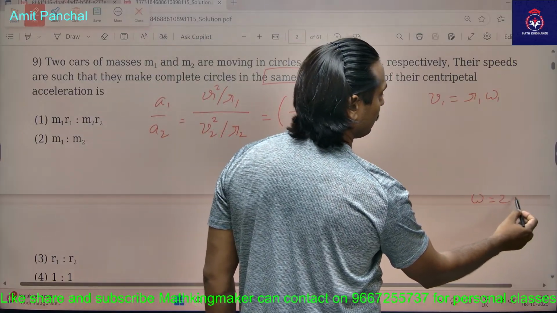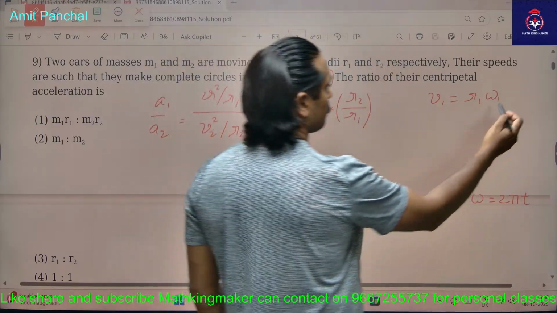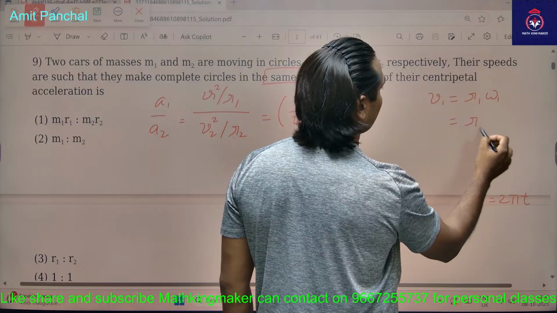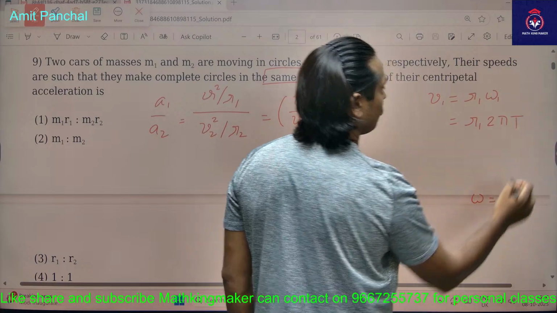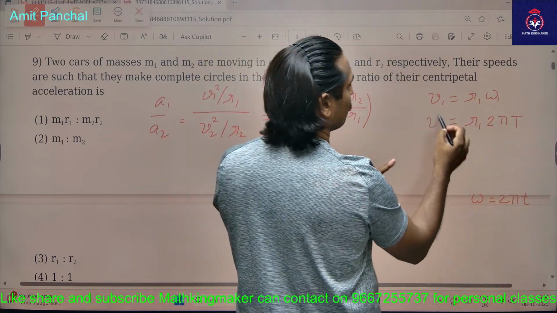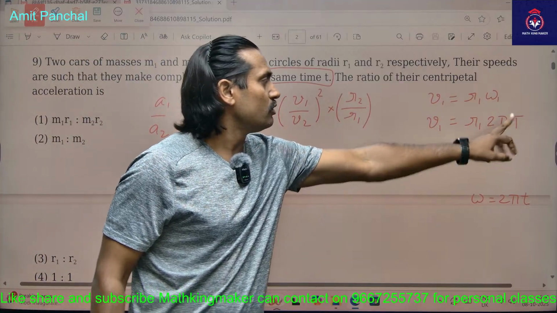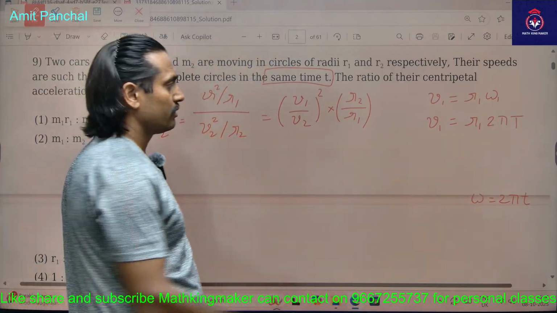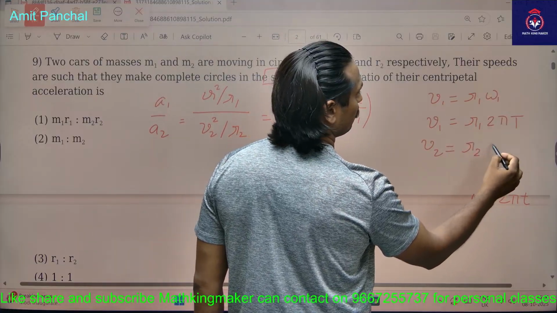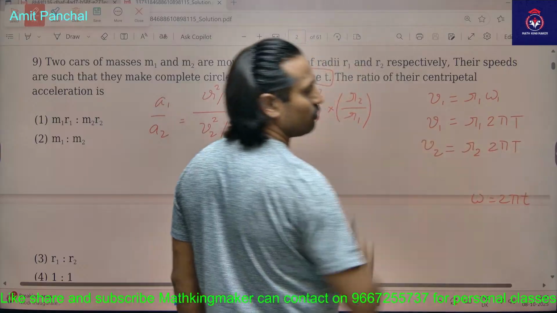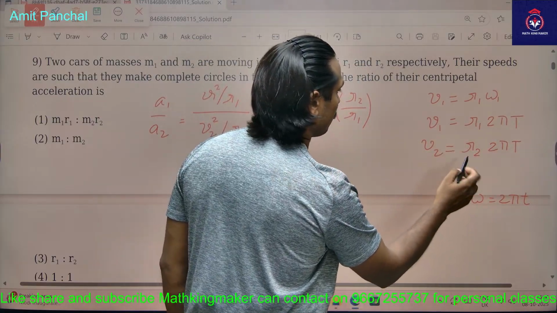Omega is 2 pi by T. So V1 is R1 into 2 pi by T. As T is same in both the cases, V2 will be the same way, R2 into 2 pi by T. So 2 pi by T can get cancelled.